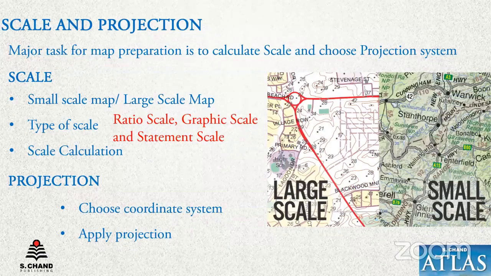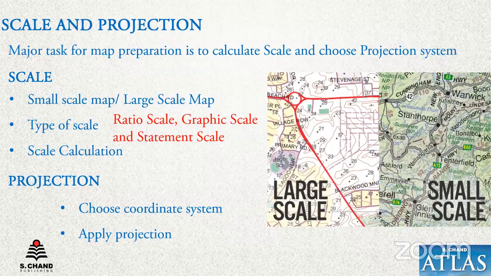So 1:500, 1:50,000. Maybe you have seen in the topo sheet it is mentioned 1:50,000. And the third one for scale is the scale calculation.